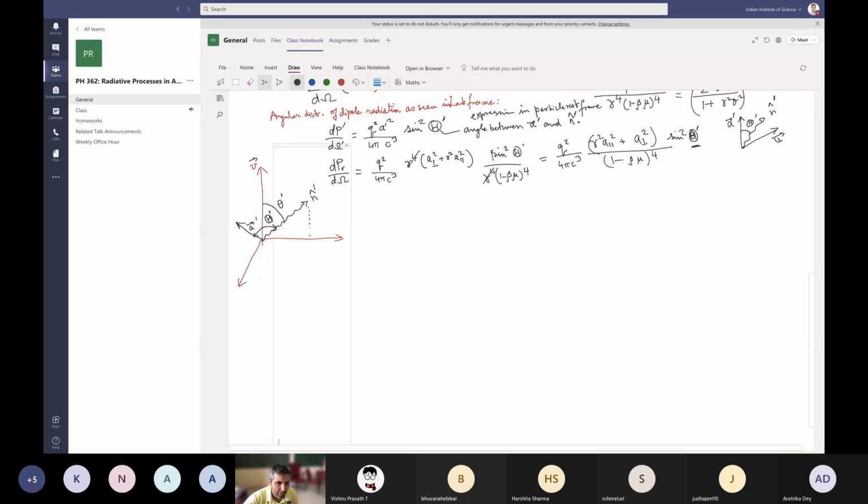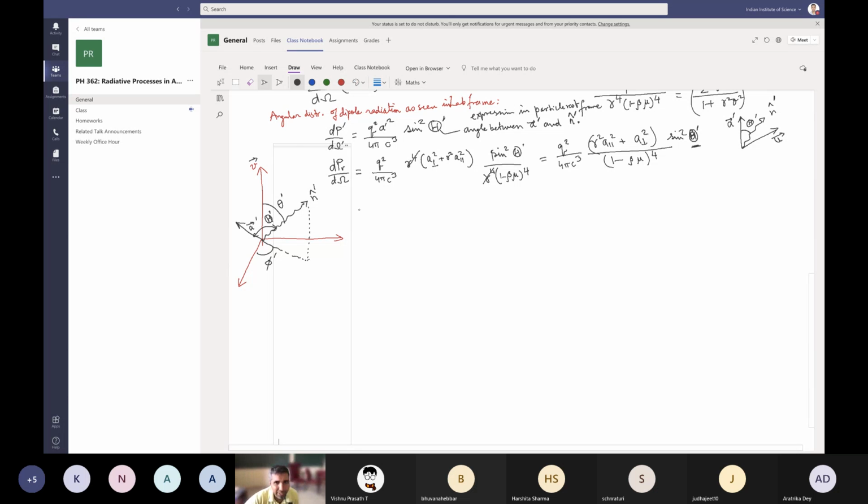And this angle in the xy plane is phi prime. These theta prime and phi prime characterize the solid angle of the photons that we are considering. So this is the general case.